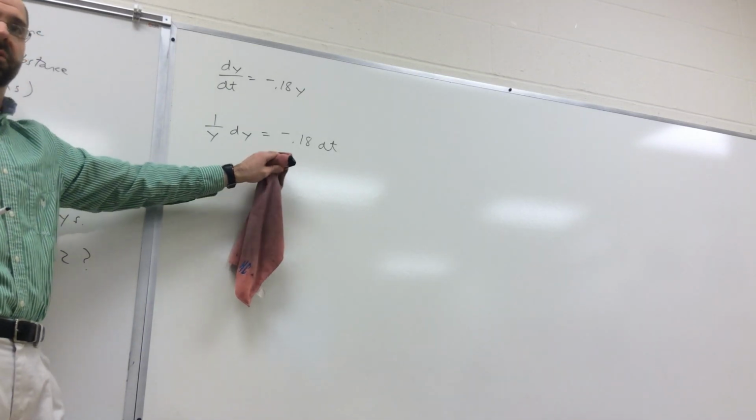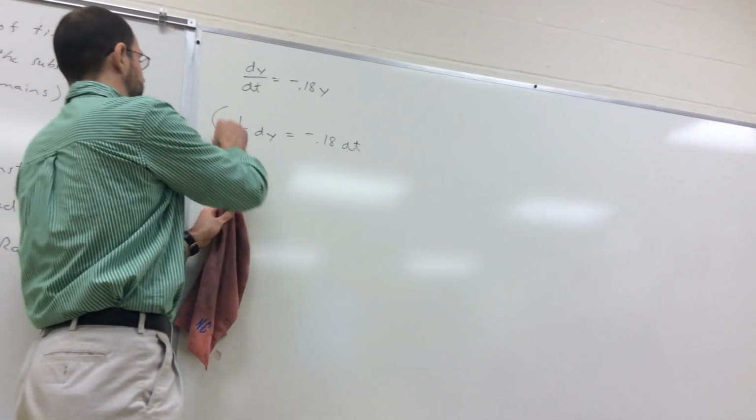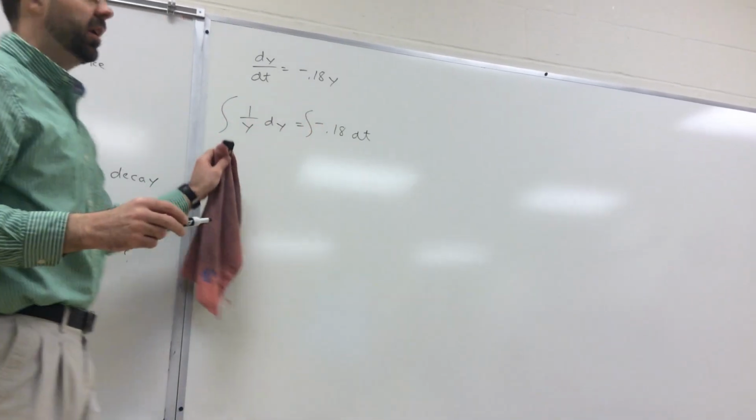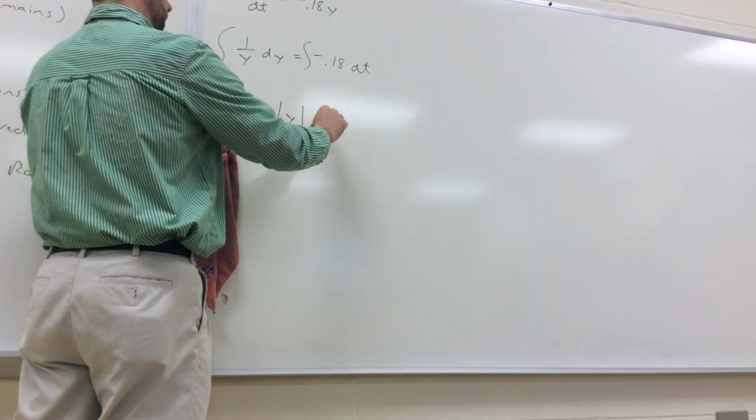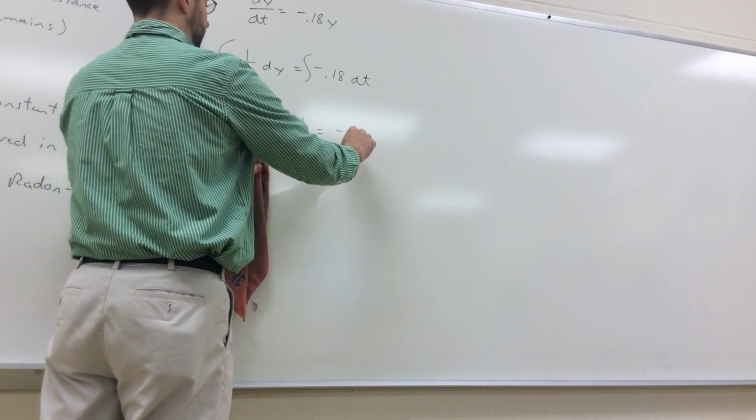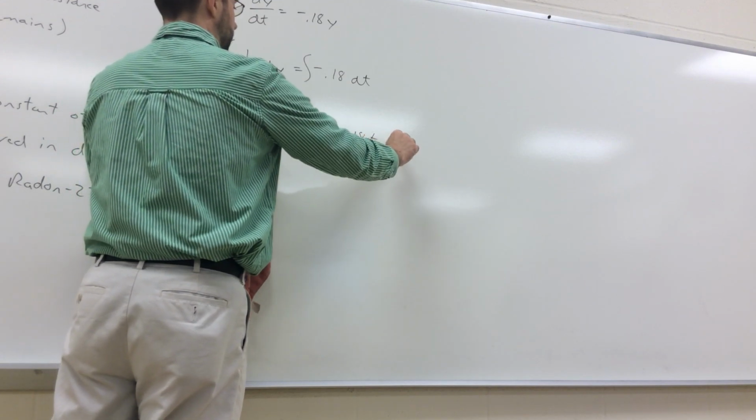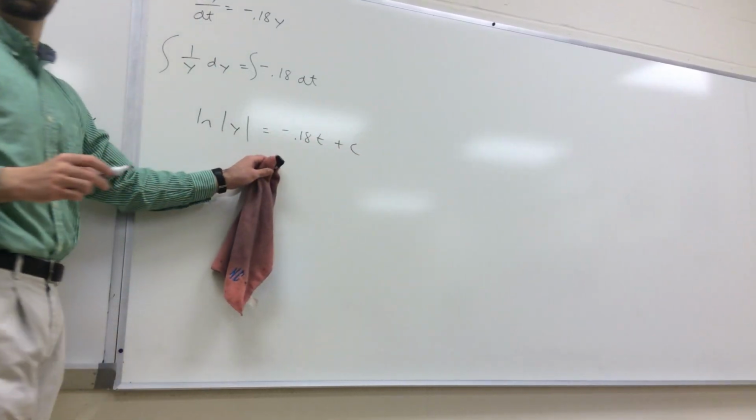So then you take the antiderivative of both sides, once you have the variables separated. And the antiderivative of this is the natural log of the absolute value of y. Antiderivative of this is just negative 0.18t plus c.